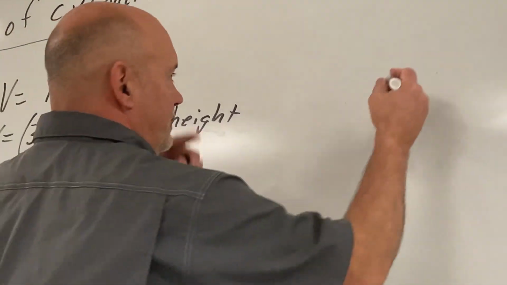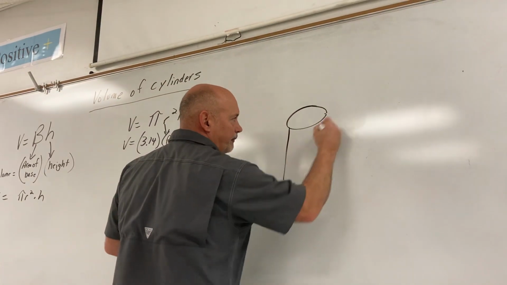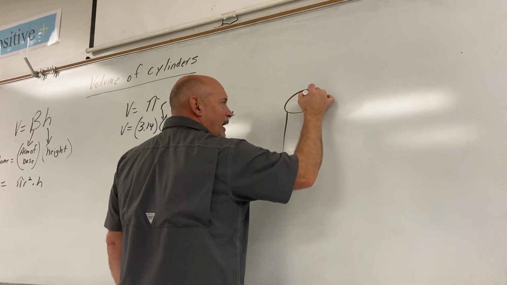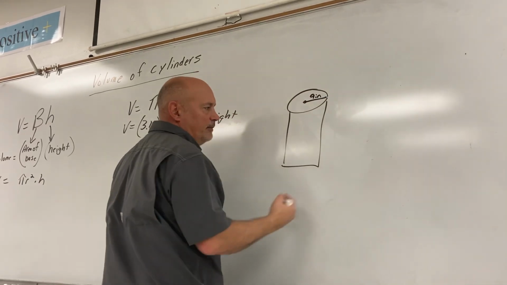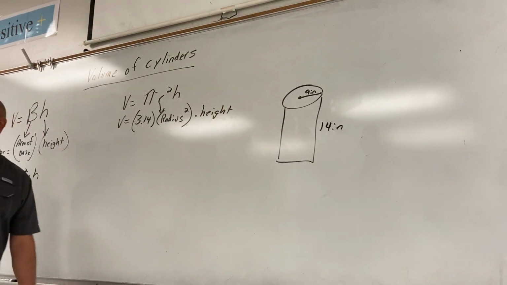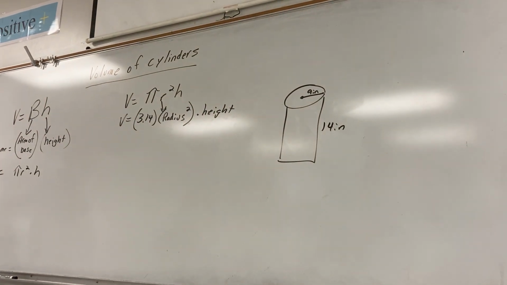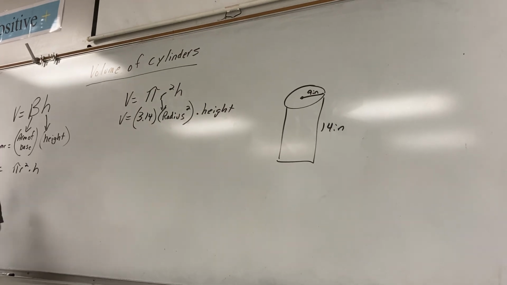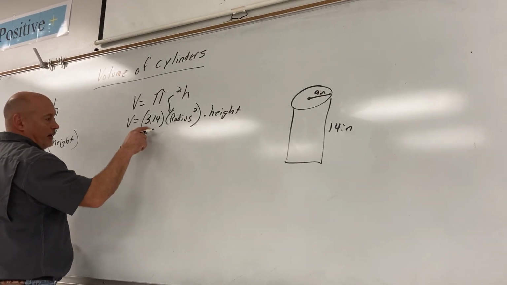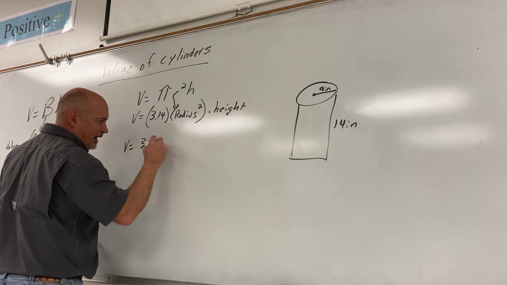So let's start with this one. We get a cylinder, and we'll start with 9 inches right there, and let's go 14 inches out here. Let's plug in what we need to plug in, and let's find the volume of this cylinder. What are we going to start with? 3.14 times.